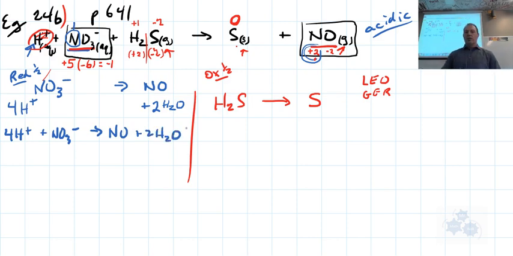Okay. So the last thing we have to do to balance the half reaction is take into consideration what? The electrons, right. So how do we know how many electrons are really involved once we balance all the other things? Well, you take a look at the charges. So I have 4 plus charges here wrapped up in these hydrogens, and I have 1 minus charge wrapped up in this nitrate. And so overall that is 3 plus, right?